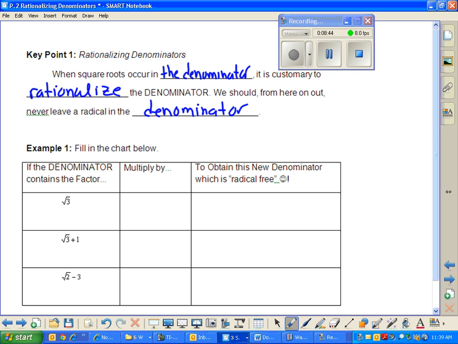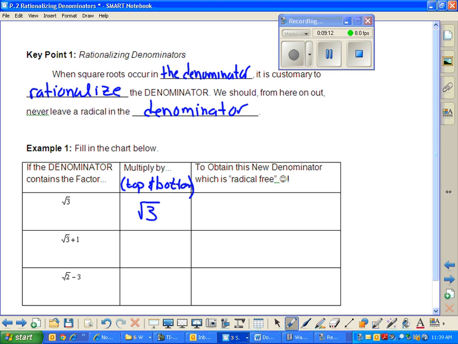If you look at your worksheet tonight, you'll see that this is the case that's being assessed today. What if there's just the square root of 3 or the square root of 7 or the square root of 14 on the bottom of your fraction? Quite frankly, you would just multiply the top and bottom of that fraction by the square root of 3. So here's what happens. Check it out.